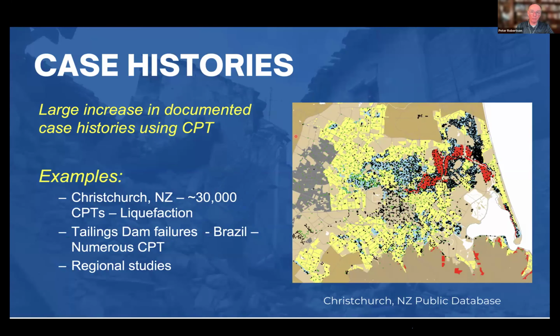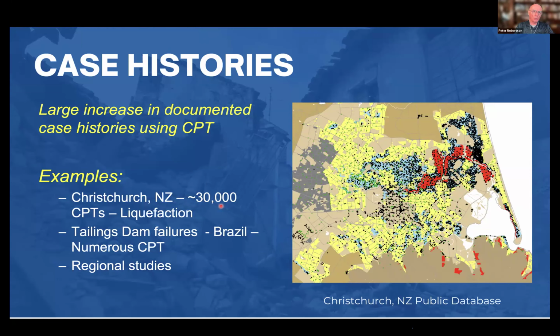So in terms of the liquefaction world, Christchurch experienced four rather large earthquakes over a little over a one year time period, and there was lots of liquefaction, lots of damage. And then afterwards, the government realized that they needed to evaluate all of these sites to determine whether or not buildings could be built on these sites that had suffered liquefaction. So now over 30,000 CPTs have been done in Christchurch.